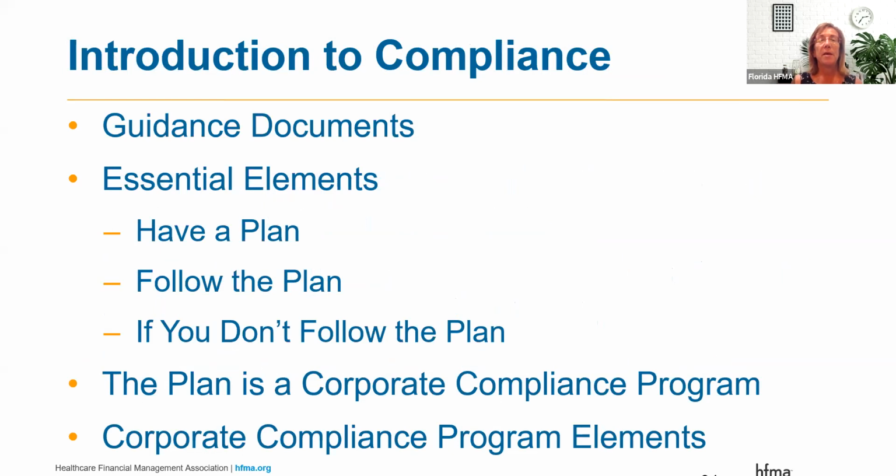Believing that organizations are ultimately in the best position to self-police, the Office of Inspector General, or OIG, developed a model compliance plan in 1997 for labs and then for hospitals in 1998, followed by a dozen other guidance documents for pretty much every type of healthcare provider and service provider there is, like DME and pharmacy.